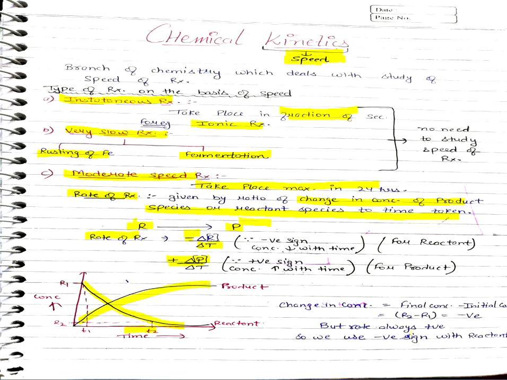Change in concentration is the final concentration minus the initial concentration, so R2 minus R1. We take the negative sign because the reactant concentration is decreasing, but the rate is always positive, as the product is also going positive, so we use the negative sign for the reactant. Clear? As the reaction goes further, the concentration of reactant will decrease and the concentration of product will increase.